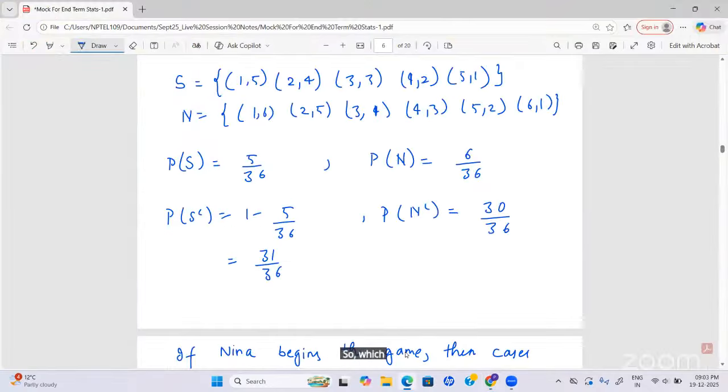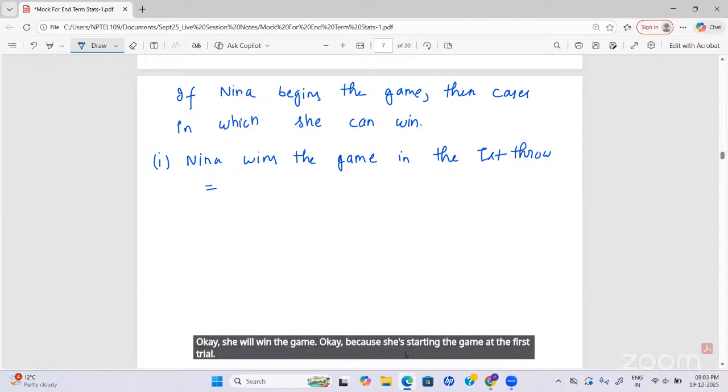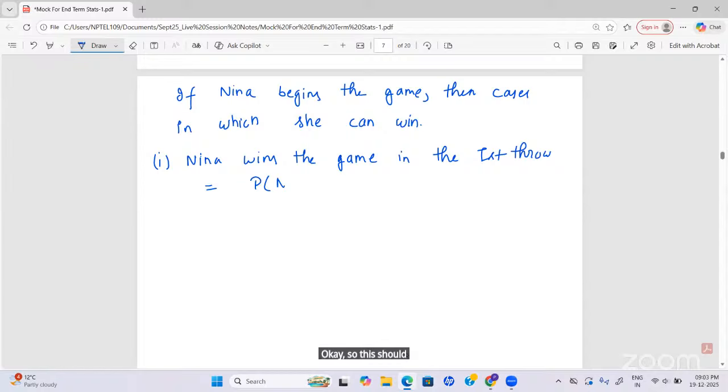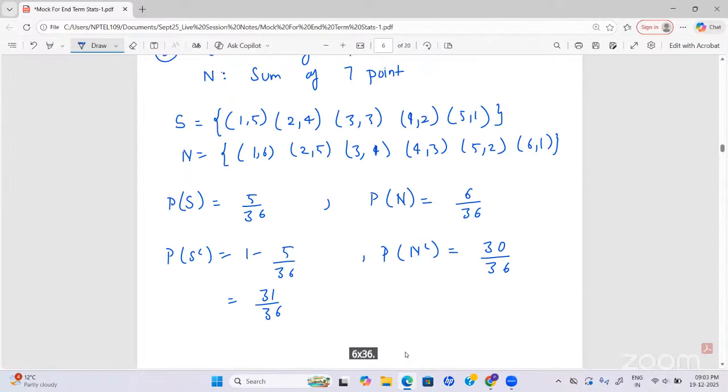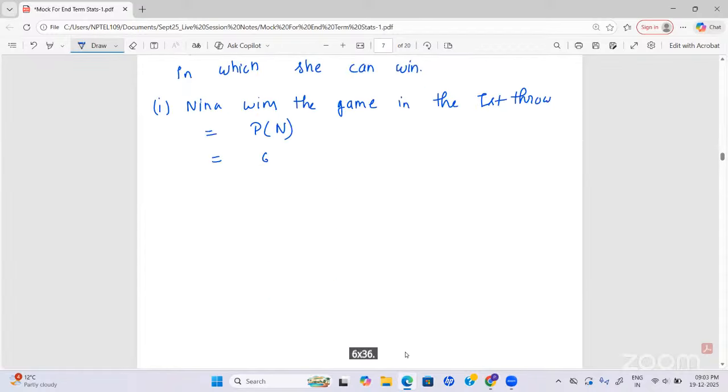So if she gets a sum of 7, she will win the game, because she is starting at the first trial. So this should be probability of N, which is 6 by 36. This is one condition.